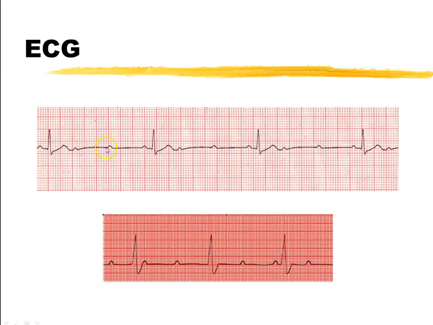Now it's the same distance, same distance, same distance. So our atrial rate is the same, and if we count them 1, 2, 3, 4, 5, 6, 7, 8, 9, 10, 11, 110 is our atrial rate, and 40 is our ventricular rate. So they're offset. They don't match up.